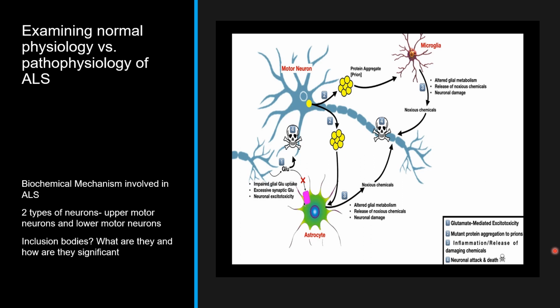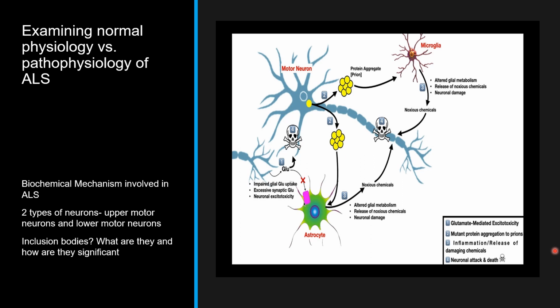The upper motor neurons originating from the brain's motor cortex and the corresponding lower motor neurons that extend into the brain and spinal cord, which eventually connect to the skeletal muscle. When these neurons die, we lose control over our skeletal muscle, leading to symptoms of ALS.